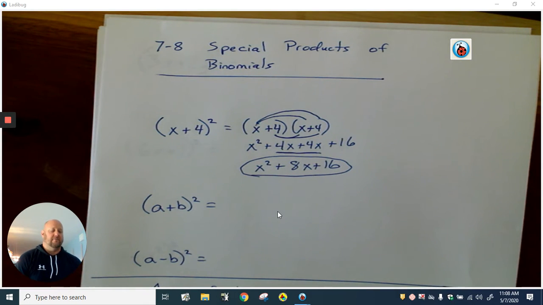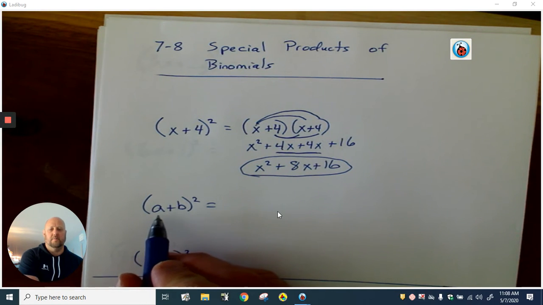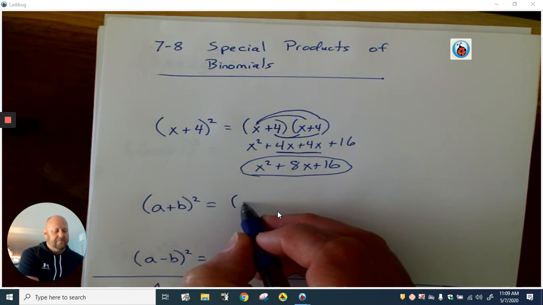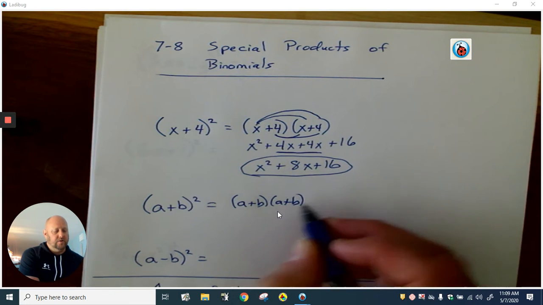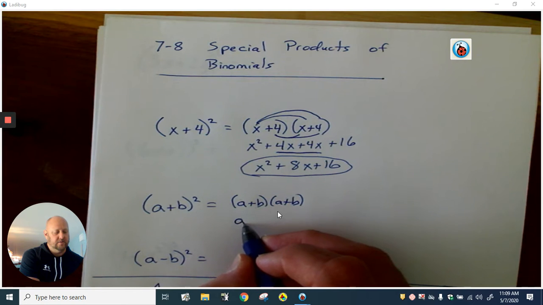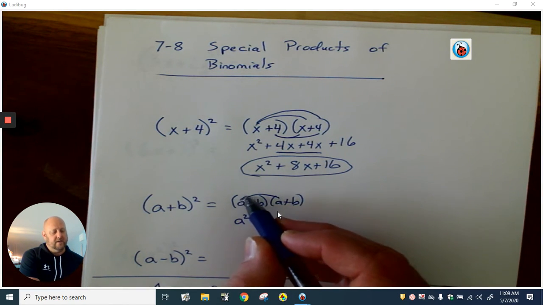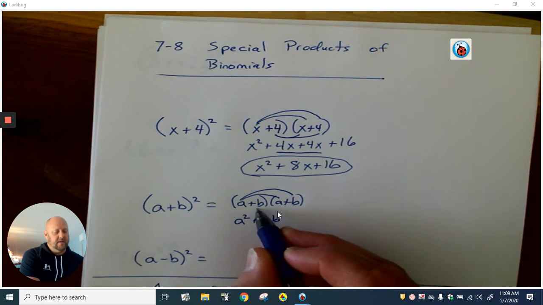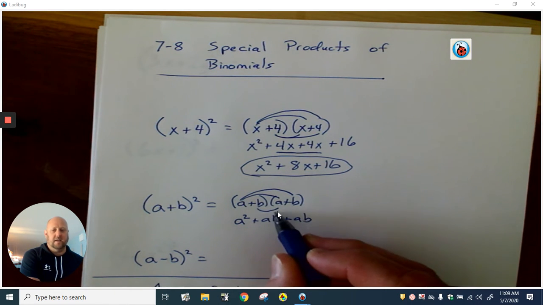But we can get there faster just by looking at it, because what ends up happening, no matter what the letters are, no matter what the numbers are, when you write that out, a plus b times a plus b, what you're going to have every single time is the first number squared when you do the first, and then the outside a times b, and the inside, b times a or a times b, you end up getting that same thing twice.